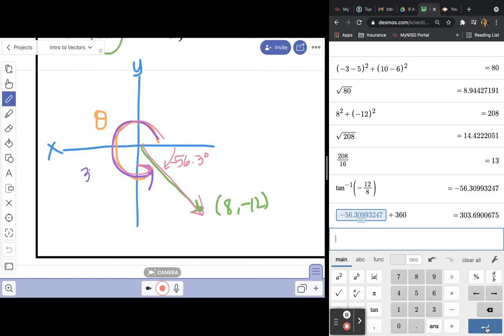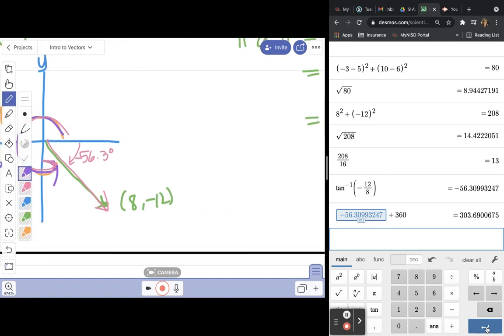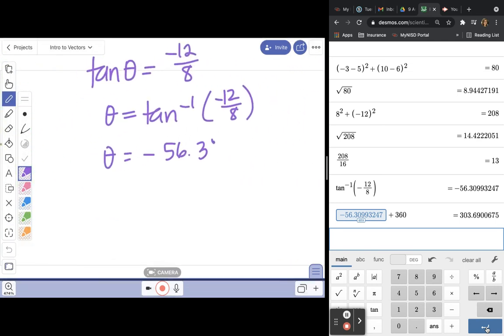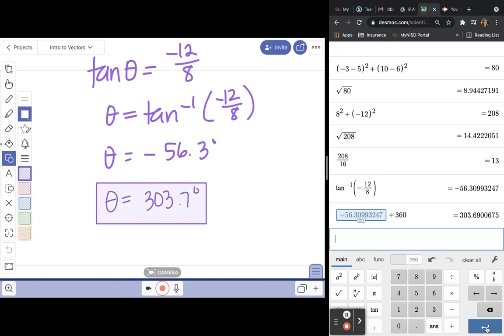So I'm going to write that down here, 303.7. Because it did go almost all the way around. So while that first one is not wrong, I just like the second one better. When y'all take a test, more than likely it's going to be a positive number. So just a heads up for that.